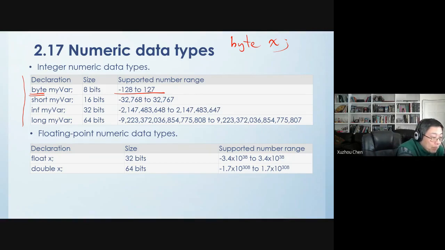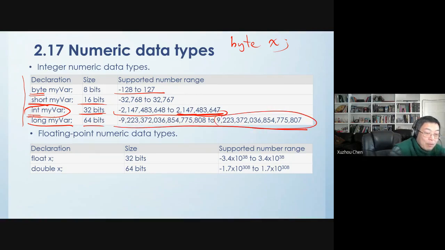And another type is called short. Short reserves 16 bits. Now int is a very popular integer type. It's called int, and it reserves 32 bits. The 32 bits can accommodate numbers between here and here. Long, 64 bits, that's this.